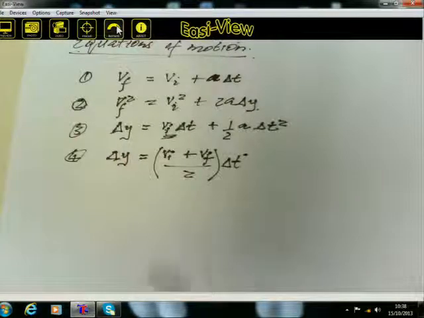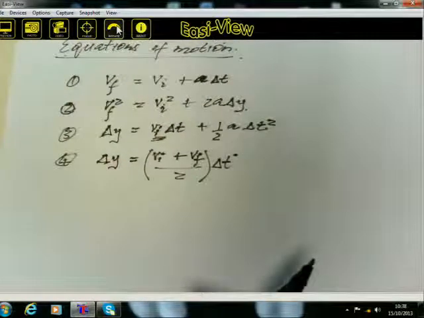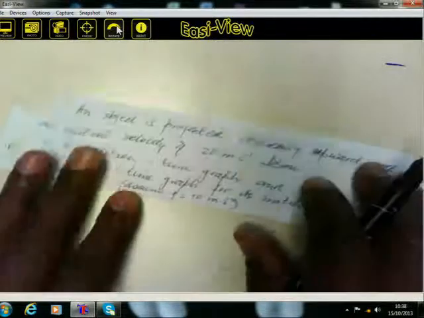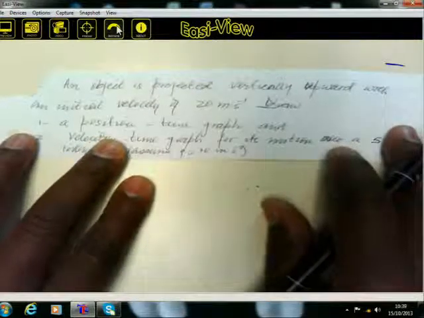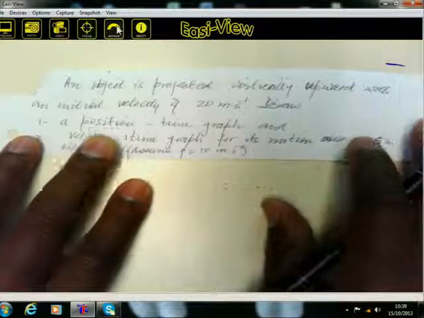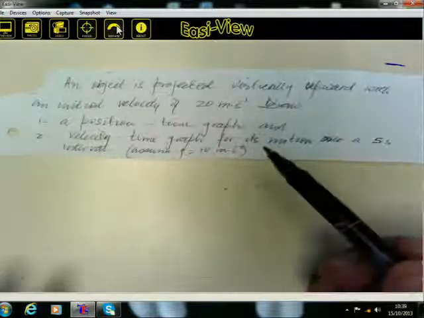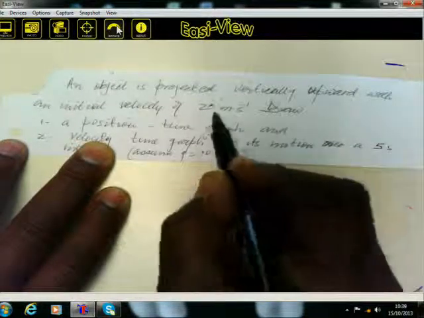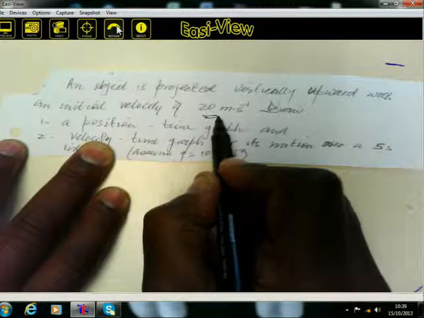I will start with a simple activity. In this particular activity, an object is projected vertically upwards with an initial velocity of 20 meters per second.